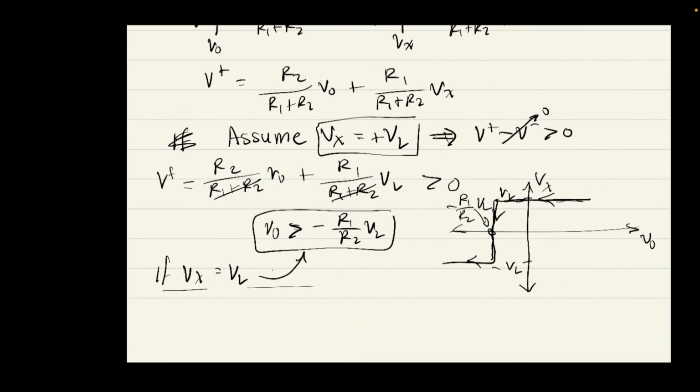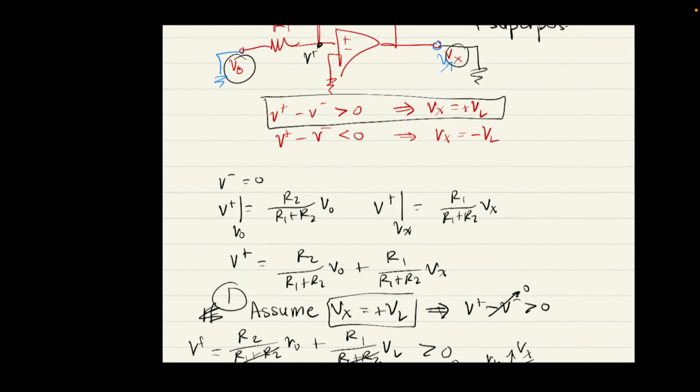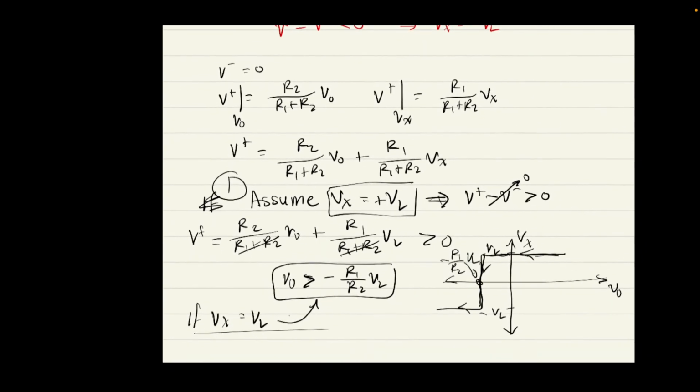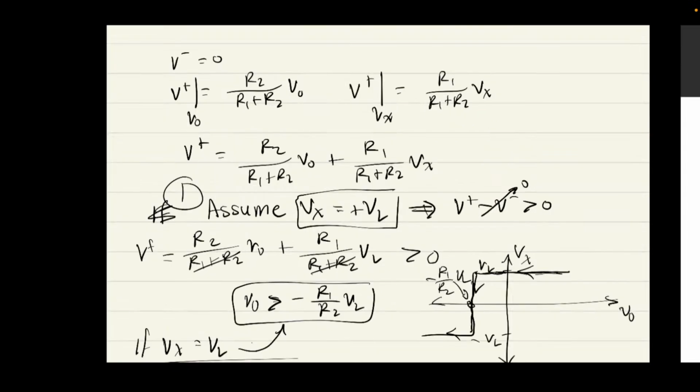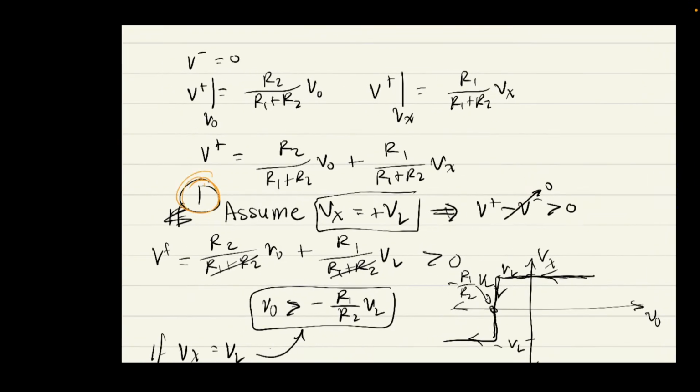Okay, we've looked at one stable state. However, there are two stable states. I might just do this in orange. So we've done one stable state.